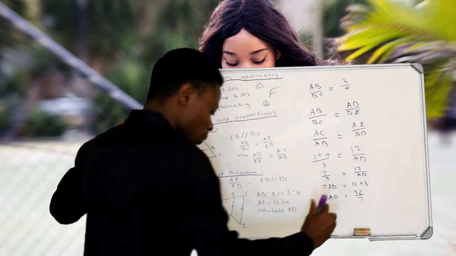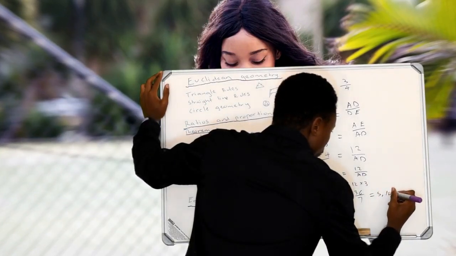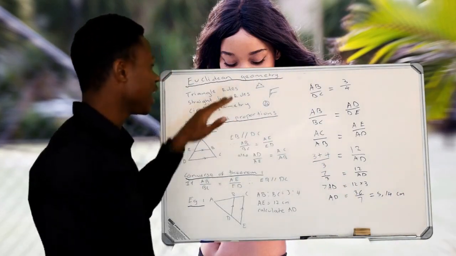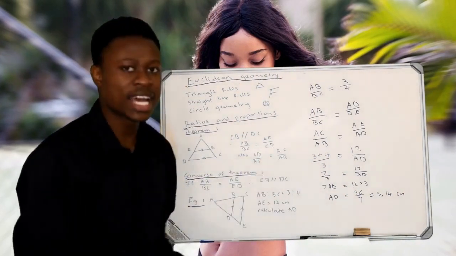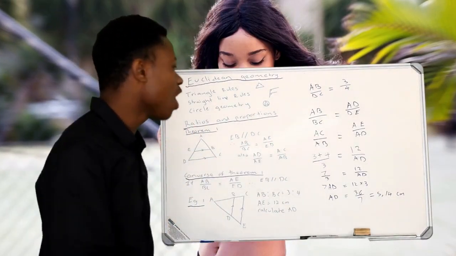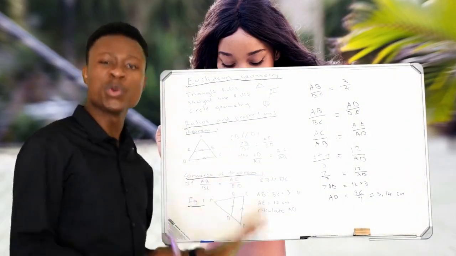Which is equal to 5.14 centimeters. Why? Because this is an actual unit. What did I say? I said on the left side, I only have proportions or ratios. Those are not actual units.